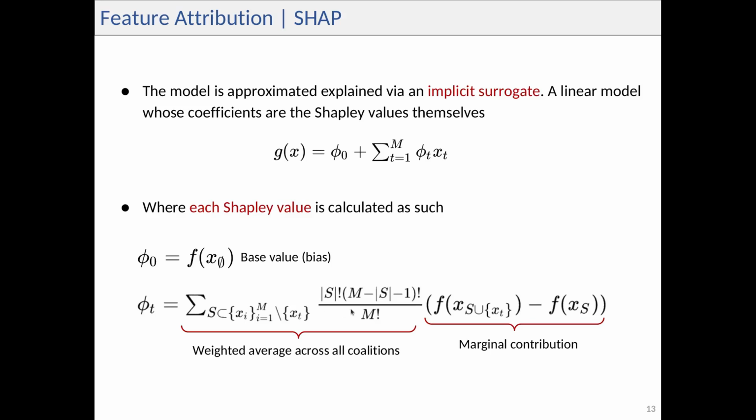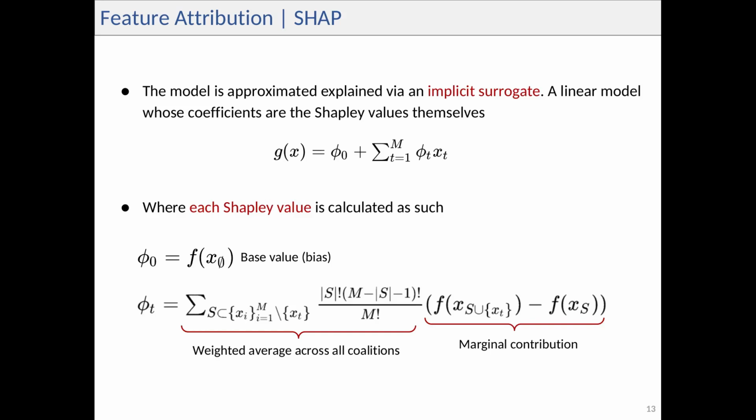And then we have a complicated term with factorials, which you can pretty much ignore. It's just needed to normalize the scores, and it's useful to divide by how many coalitions you have for a certain cardinality.